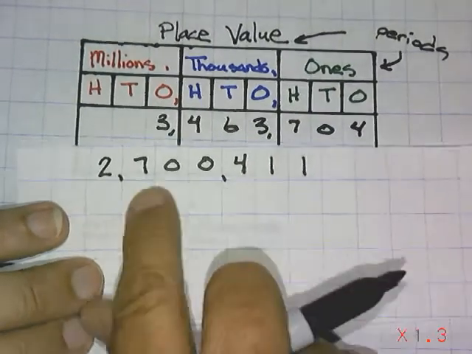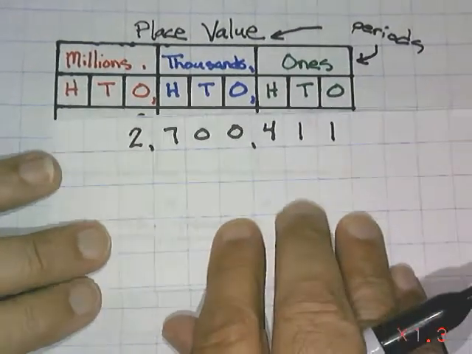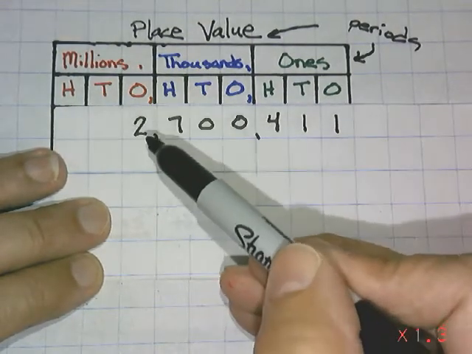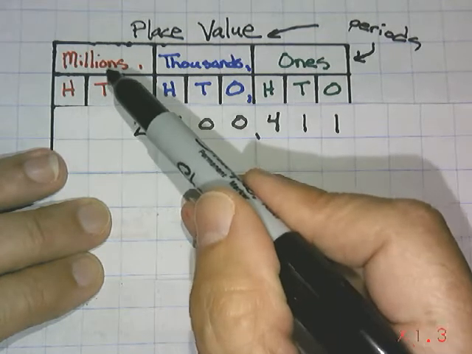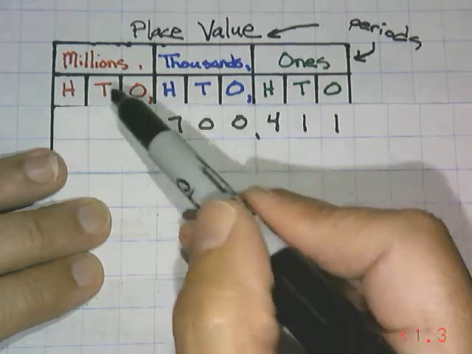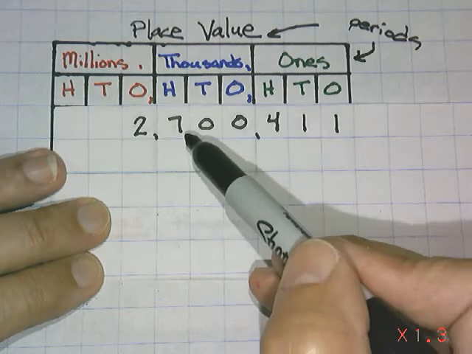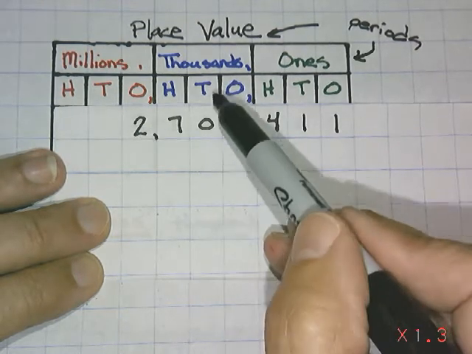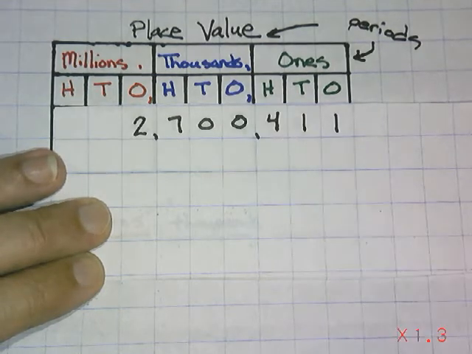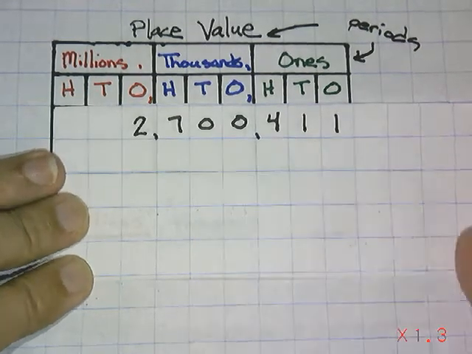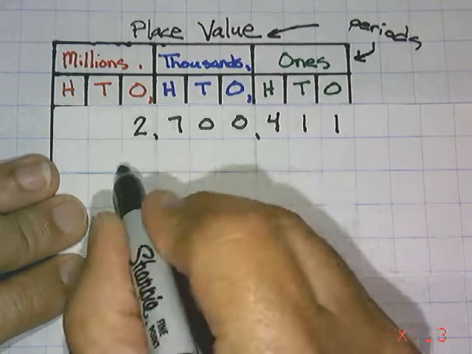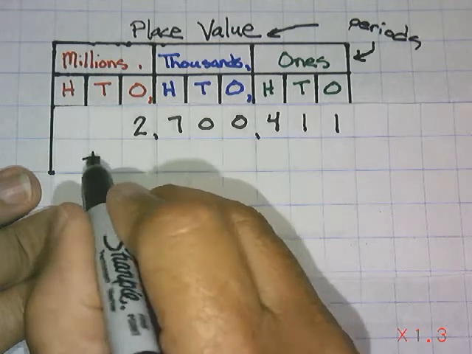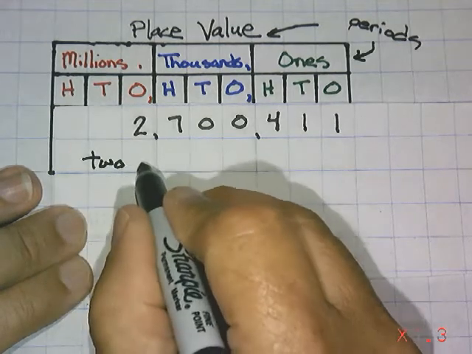Getting up to a 7-digit number. So notice now that if I slide that over on our place value chart, the 2 is in the millions period. So we would write and say 2,700,411. Well, here we go. I'm going to slide over here for this one. 2, remember, we got to use that word million.